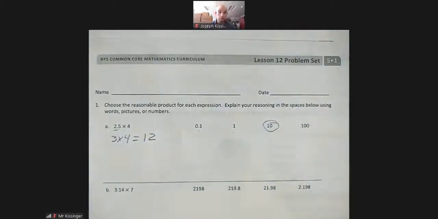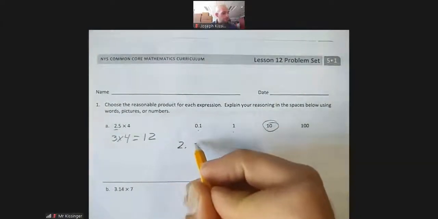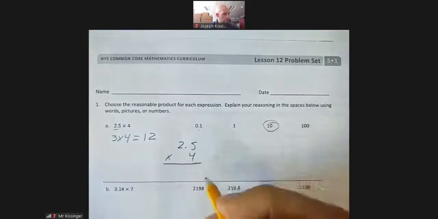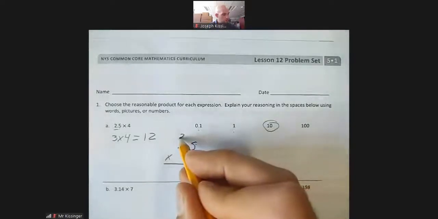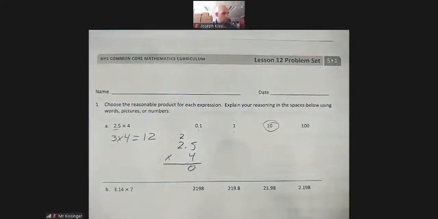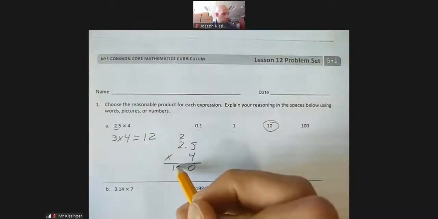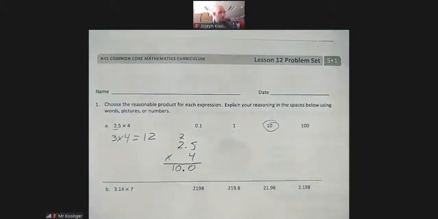So we know that 2.5 times 4 is probably 10, but let's go 2.5 times 4. 2 times 4 is 8 plus 2 is 10, and then our decimal point, and that is 10.